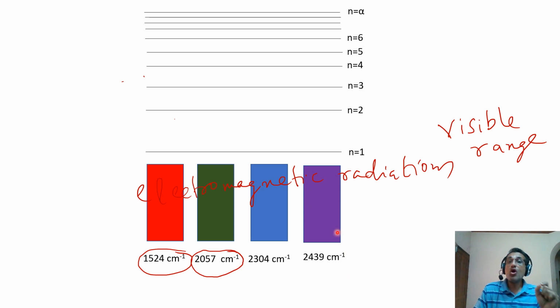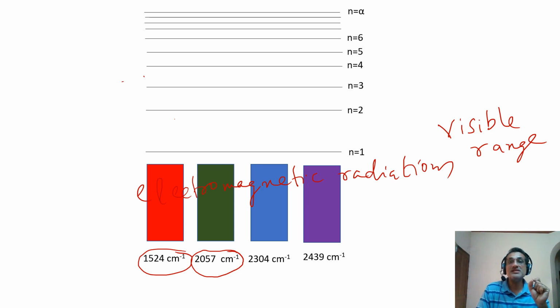So Balmer observed that these electromagnetic radiations which are emitted by the electrons from an excited hydrogen atom followed his equation. These wave numbers satisfied his equation. So what was his equation?